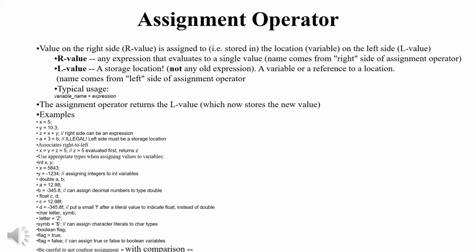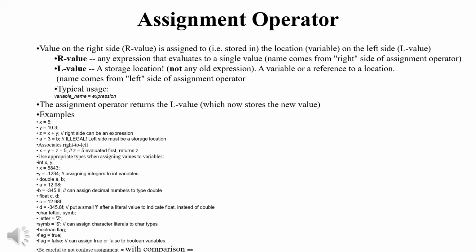So the variable is a place for storing the value. So as you see here, we have x equals 5, right? So here 5 is called the R value and x is the L value.